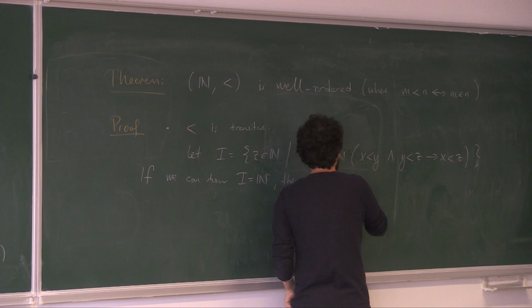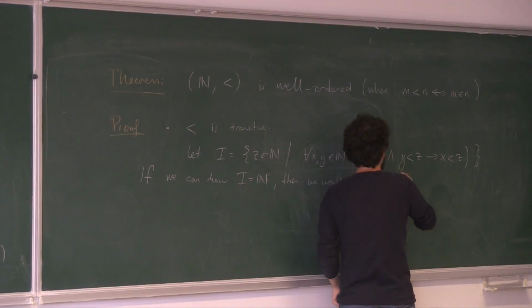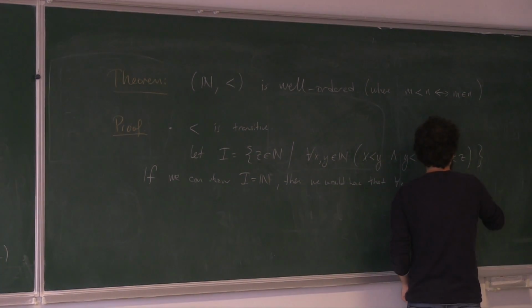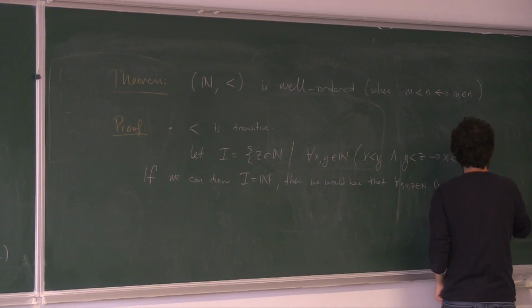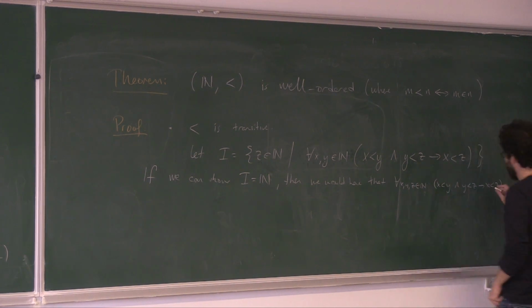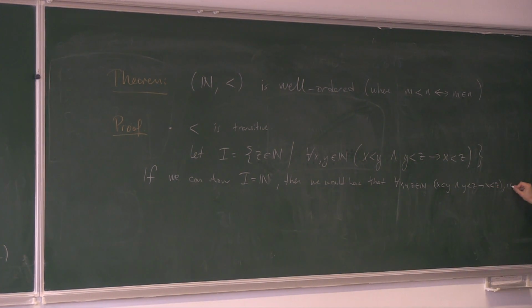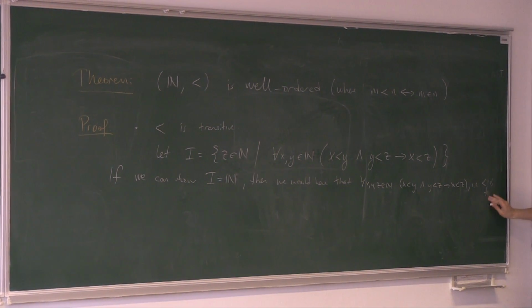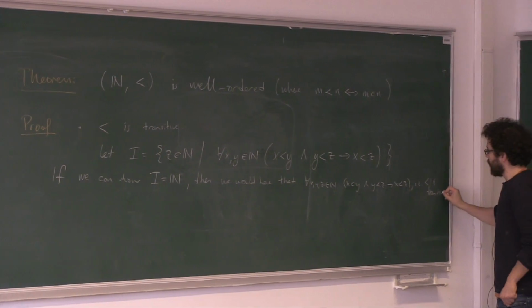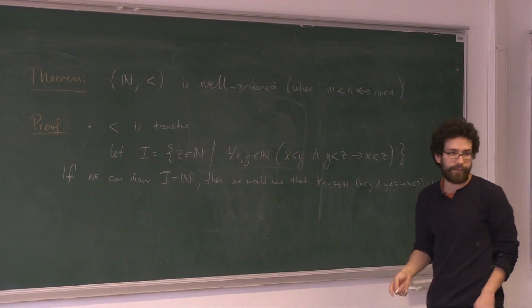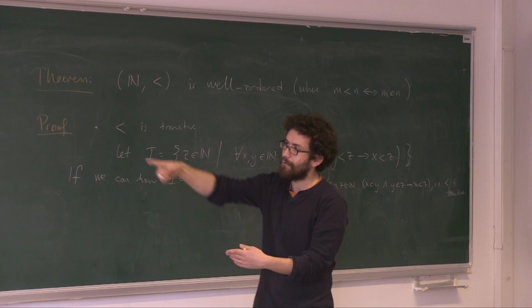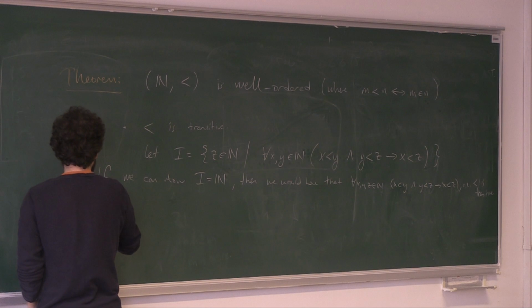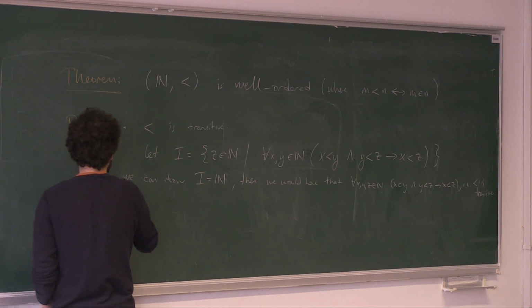Then we would have that for all x, y, z in N, we have the following implication. This is exactly what it means for strict less than to be transitive. How do you show that a subset of natural numbers is the whole thing? There are many ways, but what should we do? It's over there. We use induction. We proceed by induction.